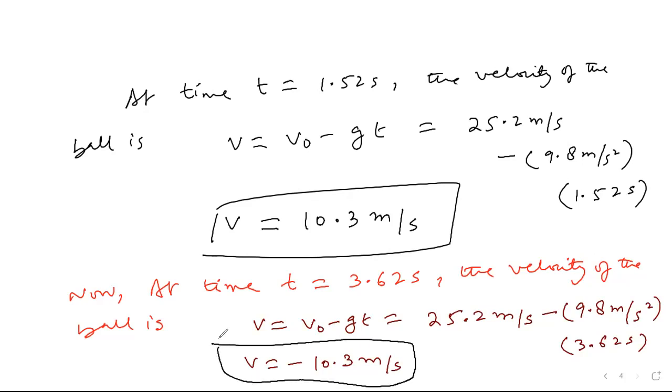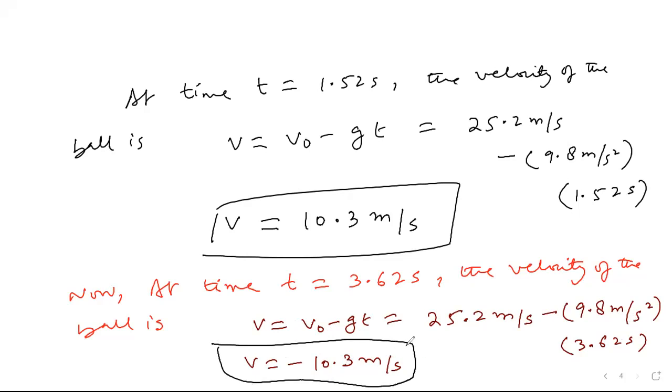Now let's understand it. At t equal 3.62 second, the velocity of the ball is v is equal to v naught minus gt, 25.2 meter per second minus 9.8 meter per second square times 3.62 second, which is minus 10.3 meter per second.